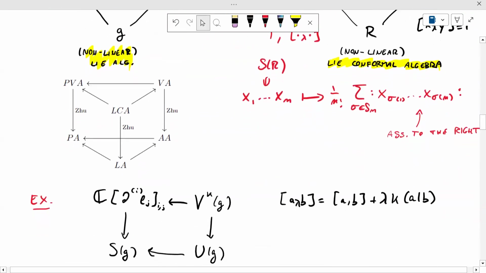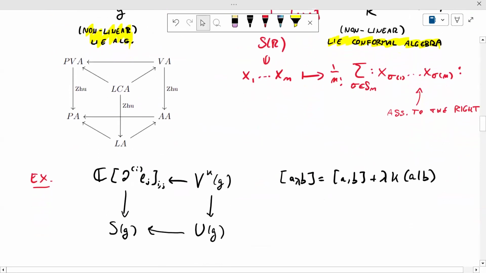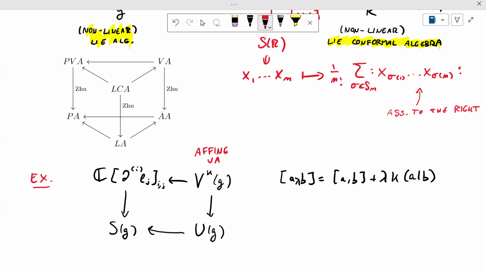The new framework for the example we discussed before. So in the case of the Lie algebra, we get this diagram here. This one here is the affine vertex algebra. So there's this lambda bracket here when A and B are elements of G. And the Poisson vertex algebra here is an algebra of differential polynomials.